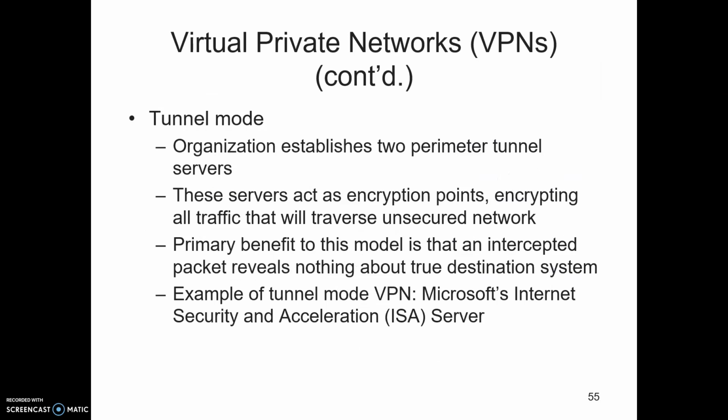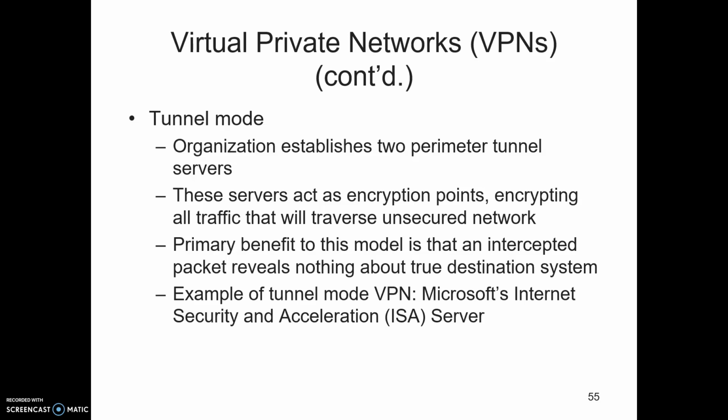In tunnel mode, the organization establishes two perimeter tunnel servers. These servers serve as the encryption points, encrypting all traffic that will traverse an unsecured network.